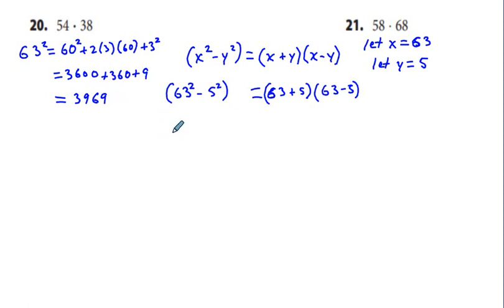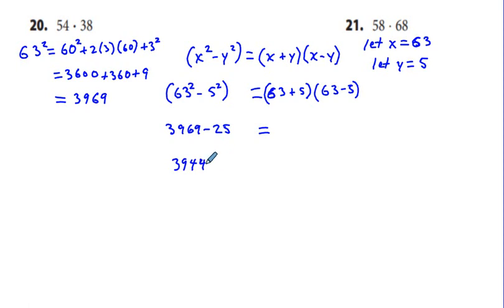So coming back here, we're going to have 3,969 minus 5 squared, which is 25. And so that's going to be 39, and you subtract 25 from 69. 6 minus 2 is going to be 4. And 9 minus 5 is 4.